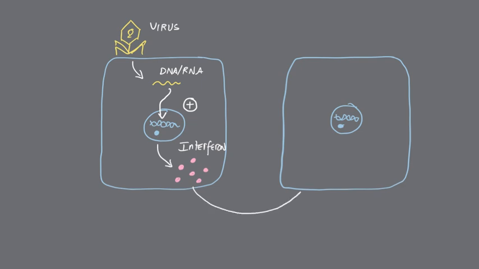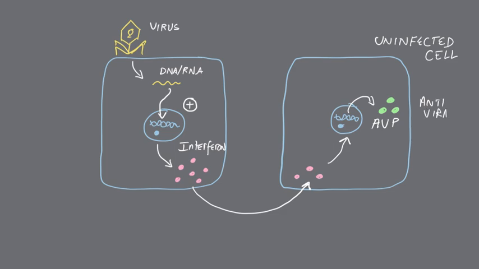So interferon leaves the cell, reaches neighboring cells, and influences them and asks them to prepare for viral infection. So here's your uninfected cell. This cell does not know that there is a virus in the vicinity. Once the interferon signals this cell, the uninfected cell makes antiviral proteins called AVP.